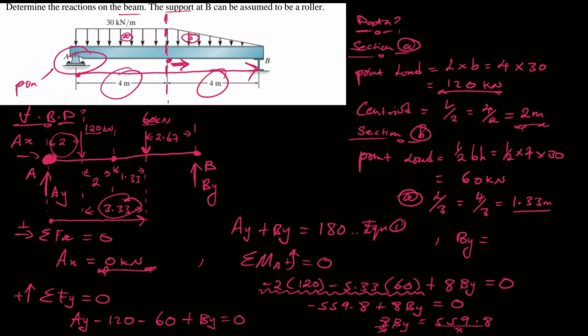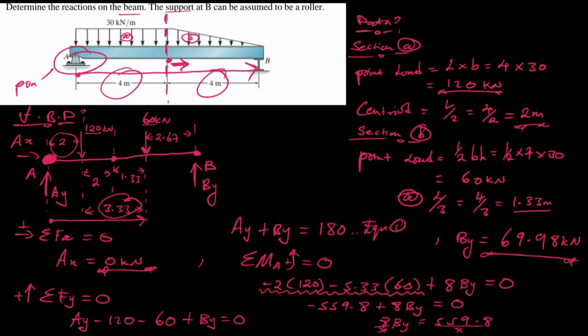So we're having negative 2 times 120, then we have minus 5.33 times 60. We have a value of 559.8, and this 559.8 divided by 8 should give us a value of 69.97. So we're having a value of 69.975, correct, 2 decimal places. We expect to have 69.98 kilonewtons, and this is the value of BY.